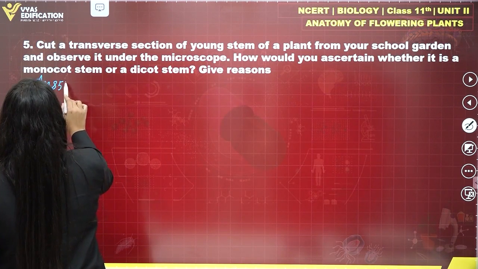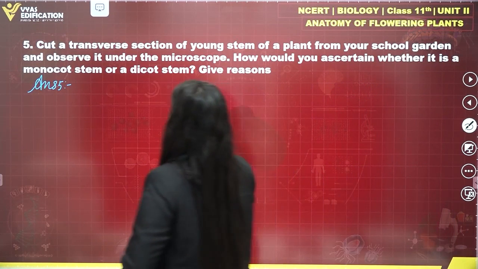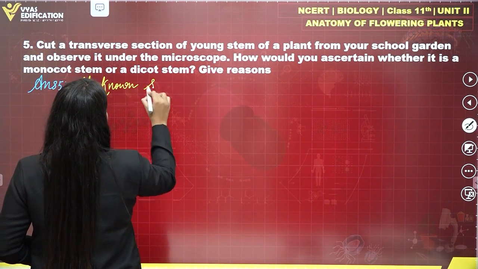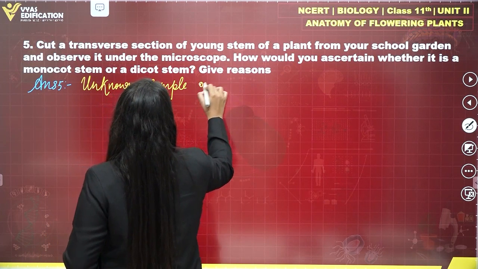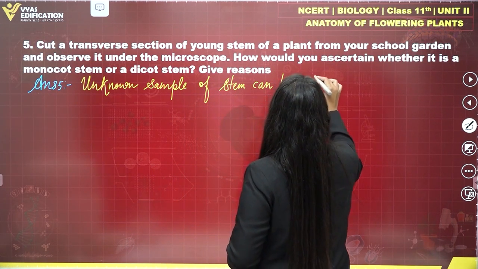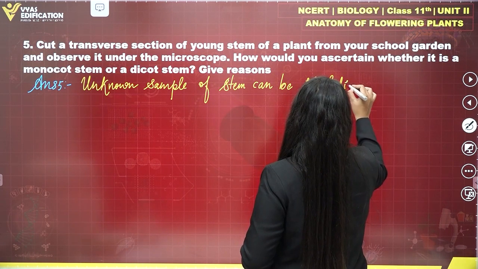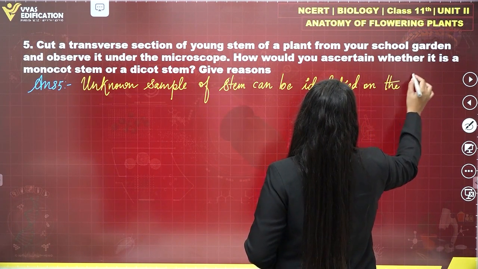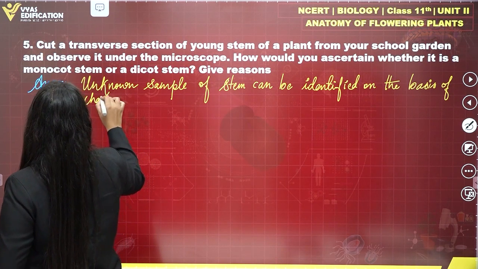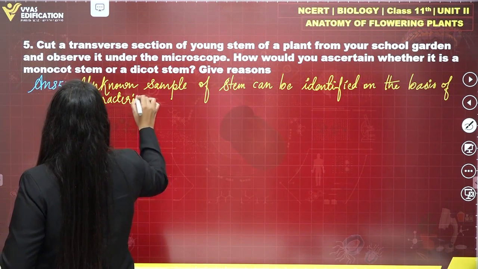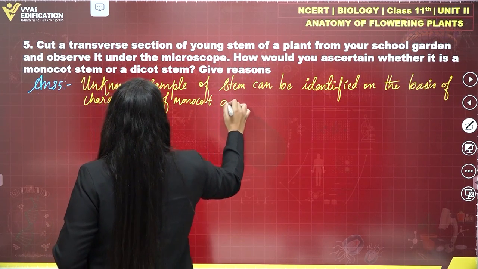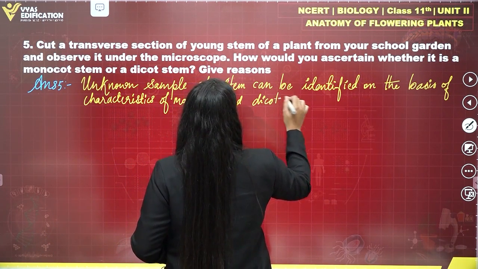Answer 5 will be like this. The unknown sample of stem can be identified on the basis of characteristics of monocot and dicot stem.